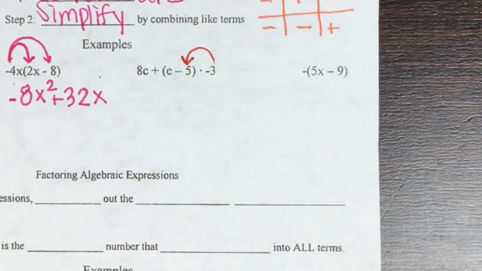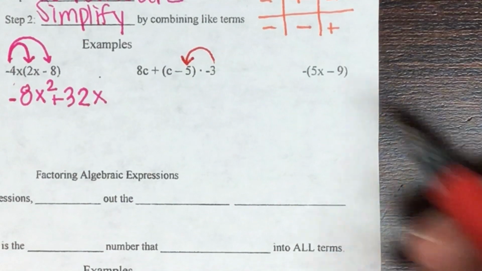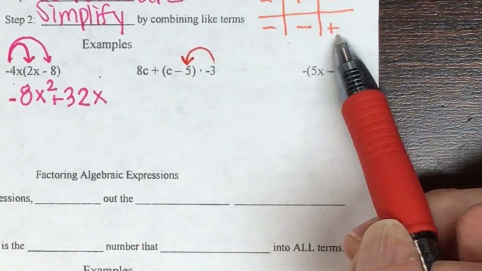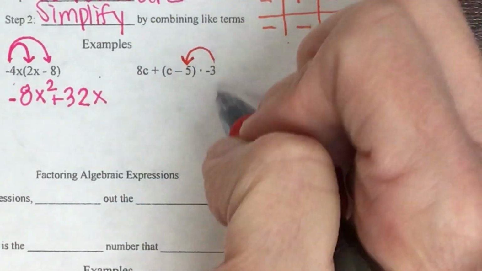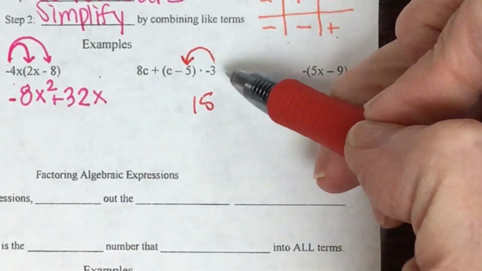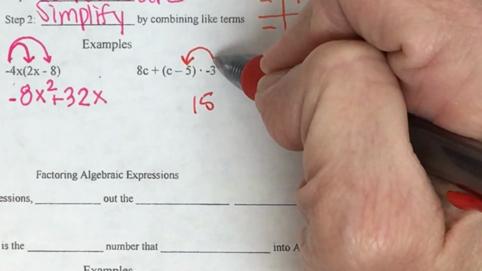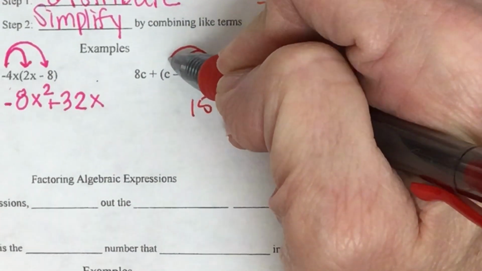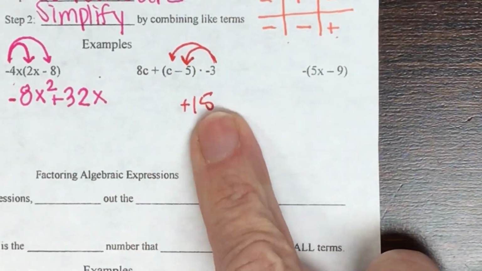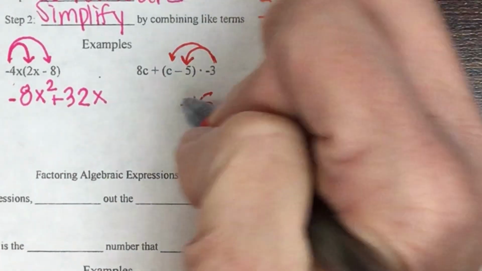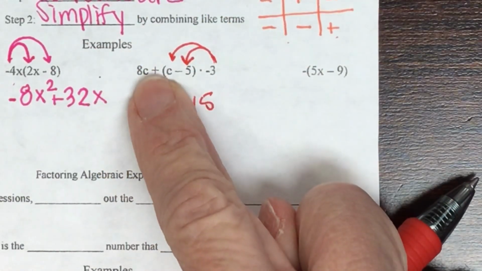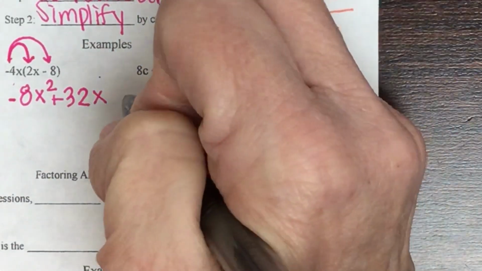Okay, so I can go backwards here. So what's -3 times a -5? Negative and a negative. Positive. So I'm going to go ahead and write my 15 right here. Okay, -3 times c. Okay, and this was a positive 15, so that's why I have my plus sign here. And what am I going to do with this 8c over here? I'm just going to bring it down.